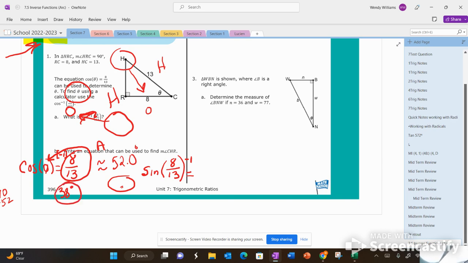So let's put that in the calculator. 8 divided by 13 equals second sine, and we get 37.97, or approximately 38 degrees, which we already knew what that was going to be, but now we're using our trig functions to find those opposite angles.